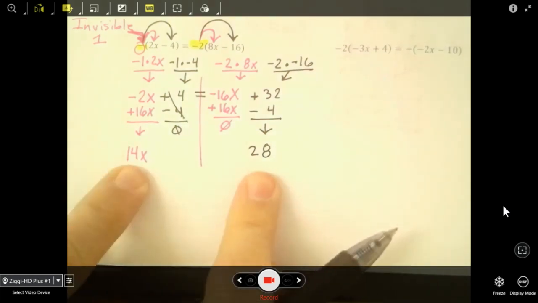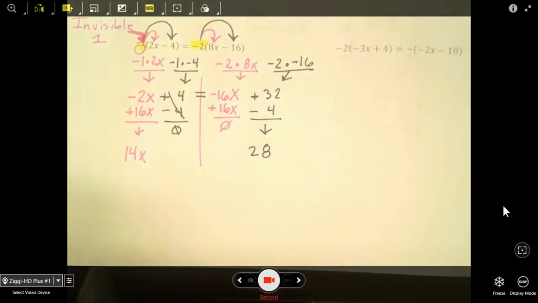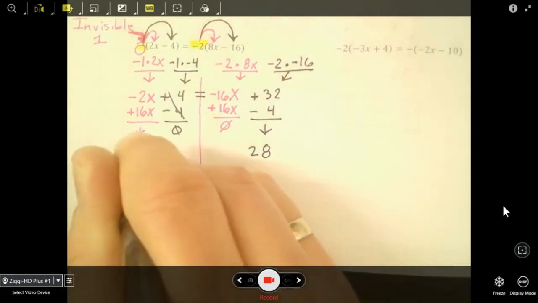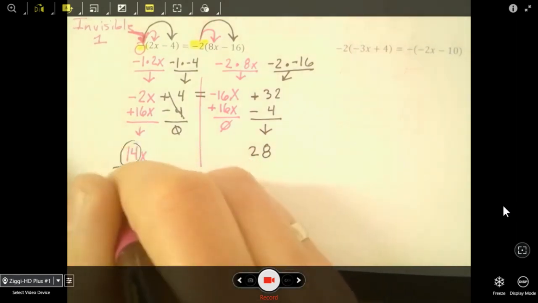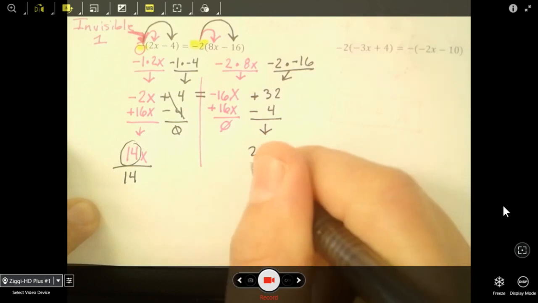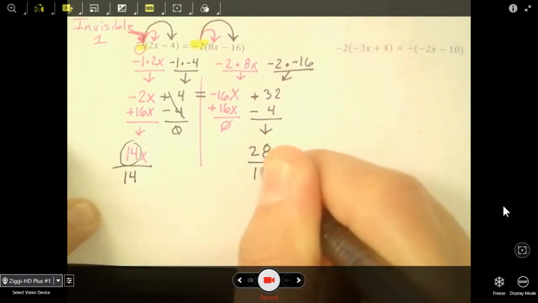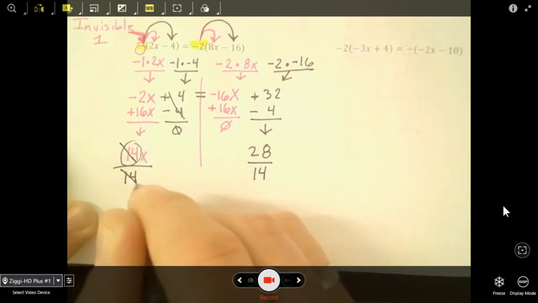So I'm left with all the variables on the left, which is 14x, and my constant on the right, which is 28. My final step is to divide this value from x, because remember we just want 1x, a coefficient of 1. So I am going to divide by 14, and I'm also going to divide this side by 14, so we keep it balanced. 14 goes into 14 one time.